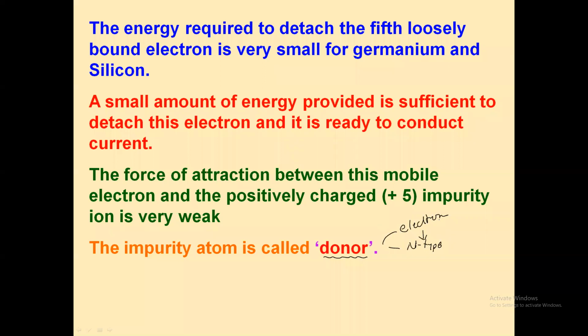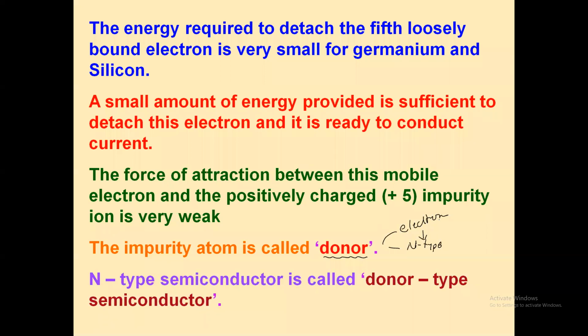Get my point? So the question is, as we know that when the pentavalent impurity is added, a large number of free electrons are generated, then what is the charge of an N-type semiconductor? The charge does not depend on the number of free electrons; it depends upon the atomic number and the number of free electrons, so the charge of an N-type semiconductor is electrically neutral.